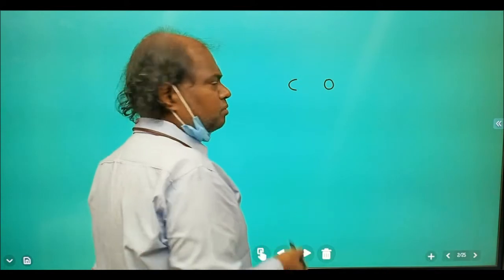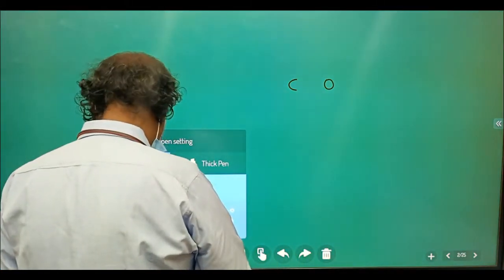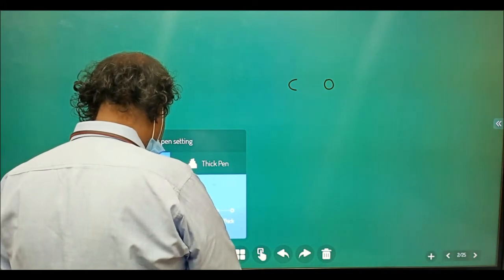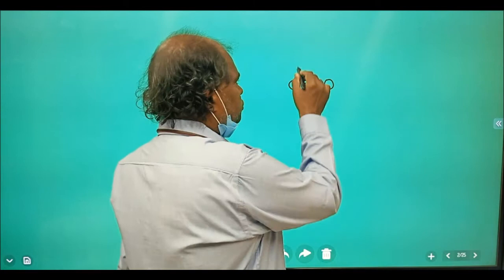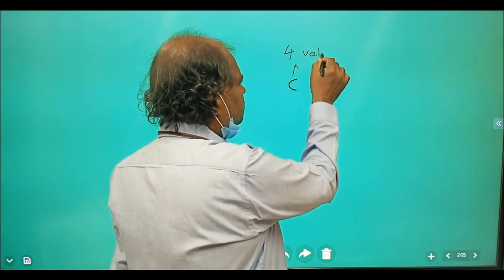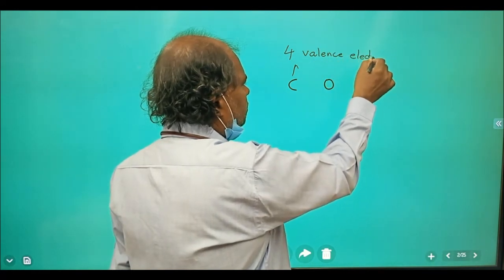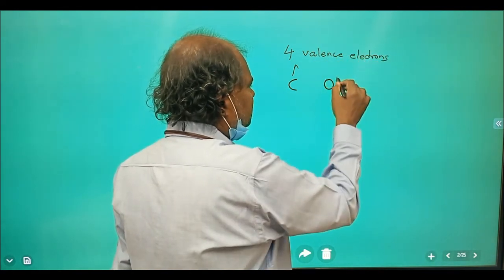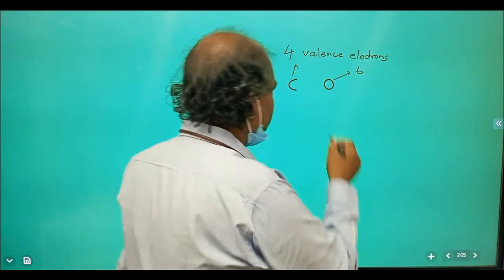Carbon monoxide. Clear? Now just see here. Carbon has how many valence electrons, Joanne? 4. Oxygen has got 6, right? Now I want to draw the structure.